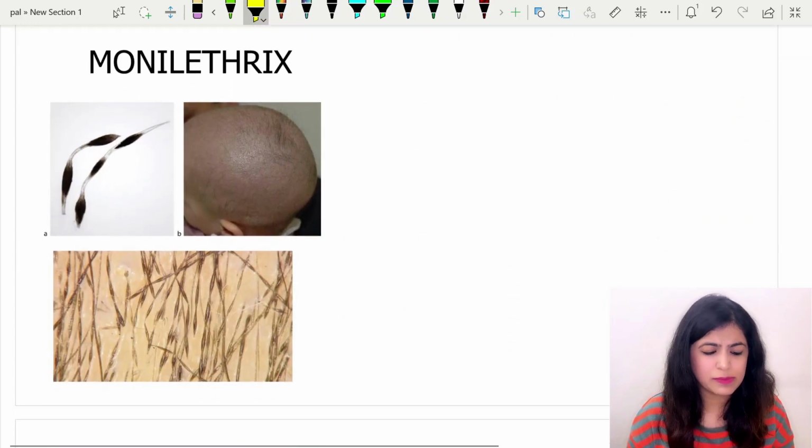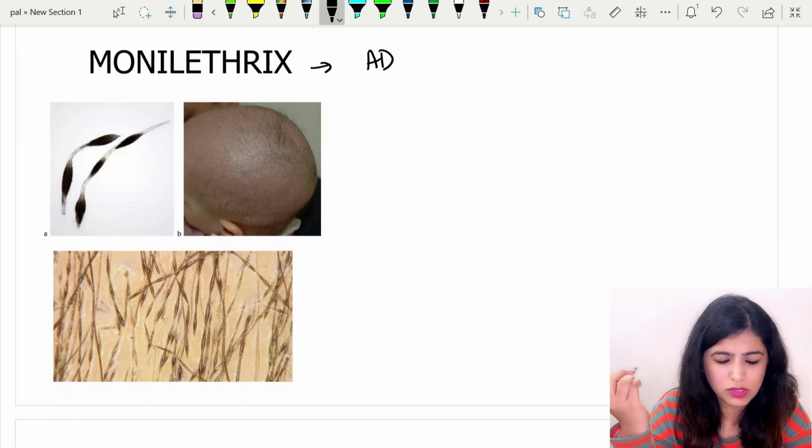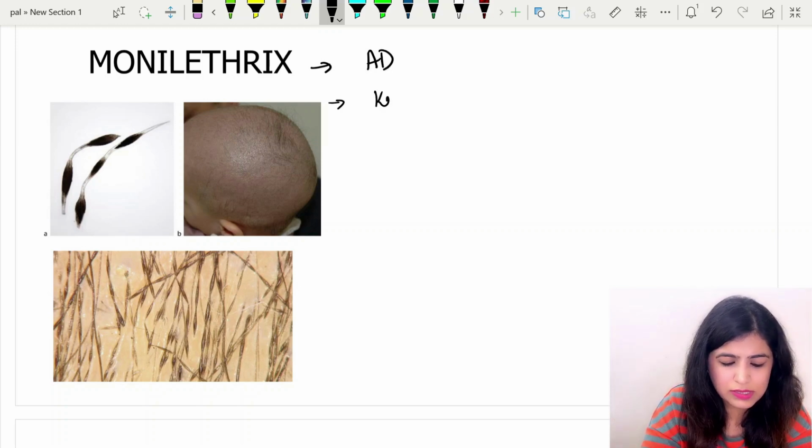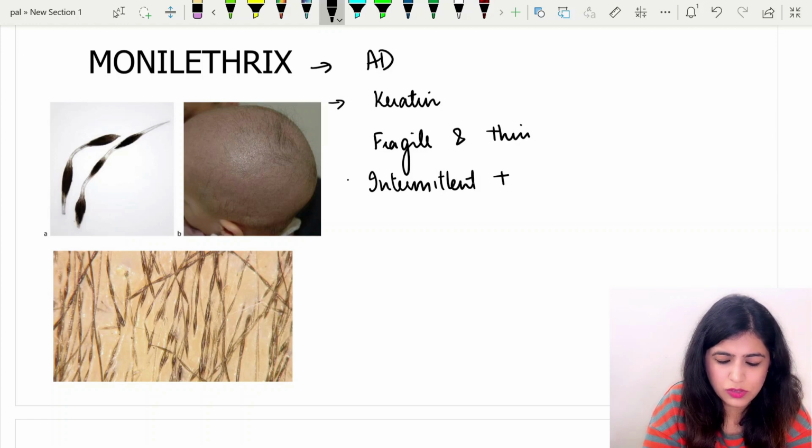The other option is monilethrix. Monilethrix is also a disorder which is inherited in an autosomal dominant manner. There is a mutation in the keratin which makes the hair fragile and thin. So there is actually an intermittent thinning of the hair.